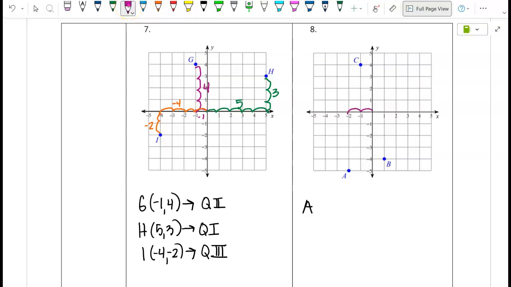Yeah, so we go 2 to the left, there's our -2, and then 1, 2, 3, 4, 5 down for our -5. And Cambria, what quadrant is that? Quadrant 3.